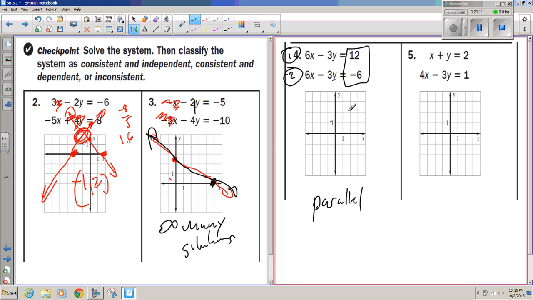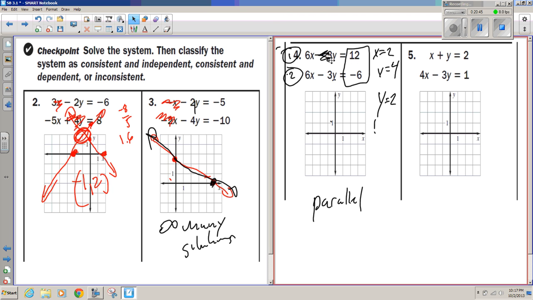Let's look at line 1. Get rid of that. 6x equals 12, so x is 2. For y, negative 3y equals 12... Oh, I forgot to do this part. Looks like it's 4.